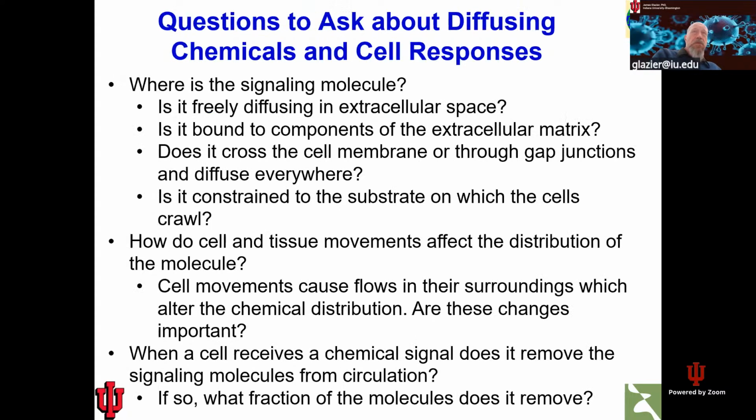When we're thinking about this, the questions that we ask are very much like the ones that you have in your rule set. Where is the signaling molecule? Does it diffuse freely in extracellular space? Is it bound to the extracellular matrix? A lot of chemicals actually don't diffuse freely.